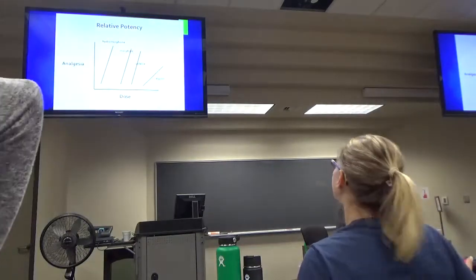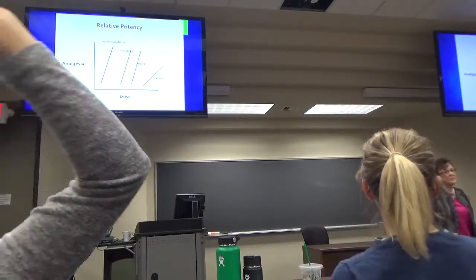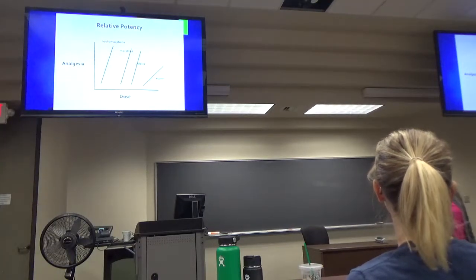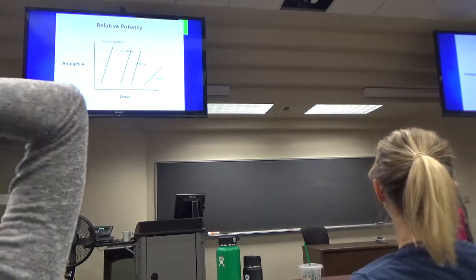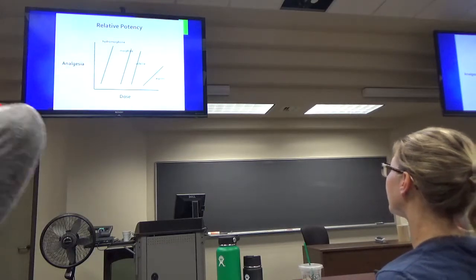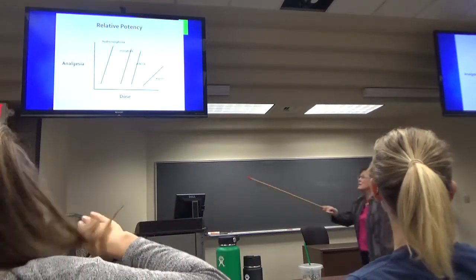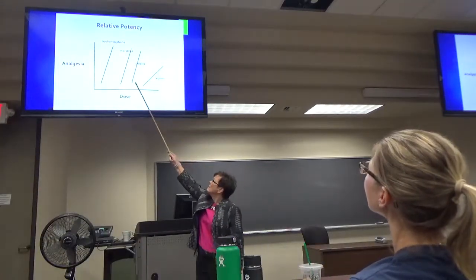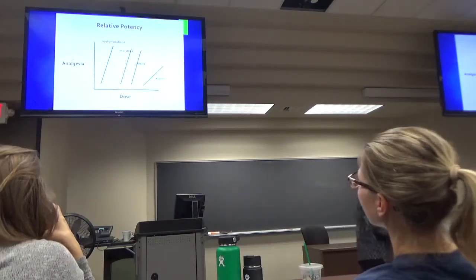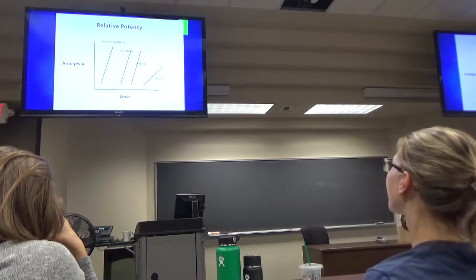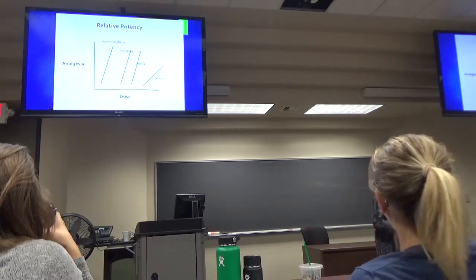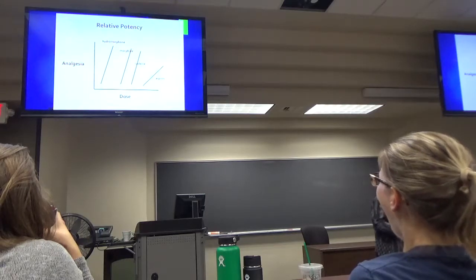Where is the difference? And what would a slope tell us? Oh, it changes based on concentration. How much it changes. So with hydromorphone, it doesn't take much difference in dose to get a bigger effect, right? But it does with codeine. Okay. The slope of the line is less steep. So it would take a little bit more dose of hydrocodone or codeine to get an increase in effect.